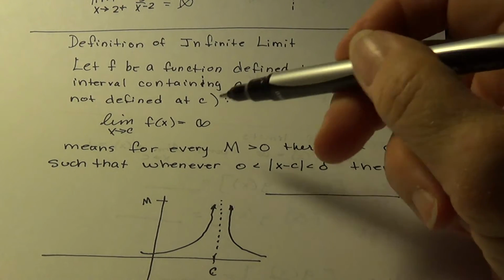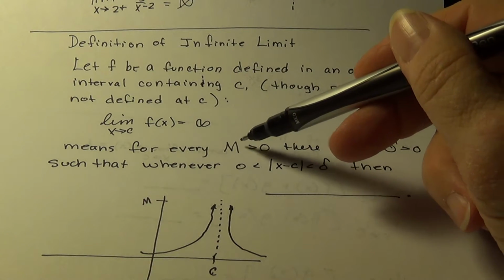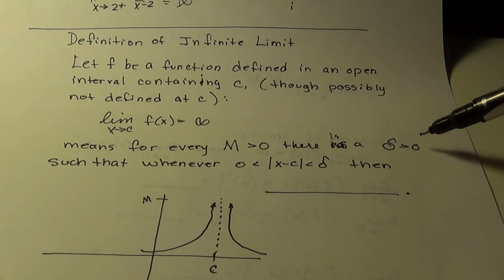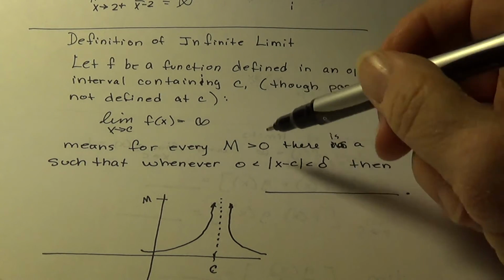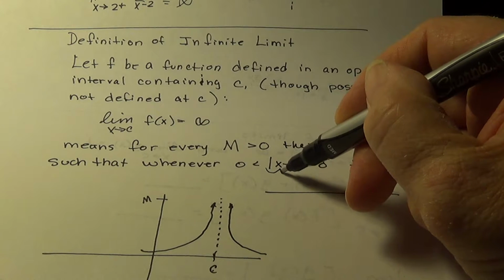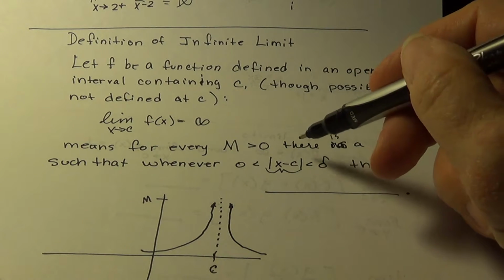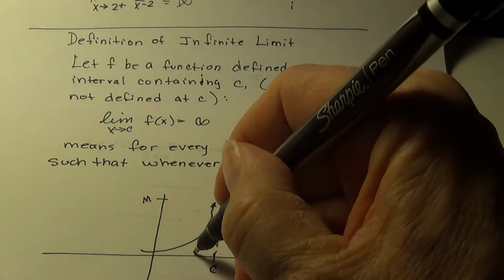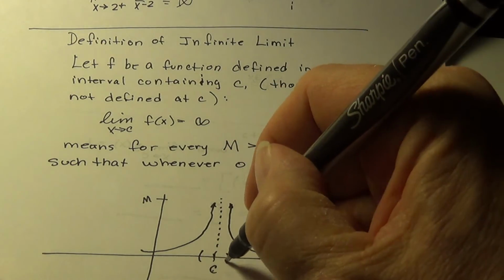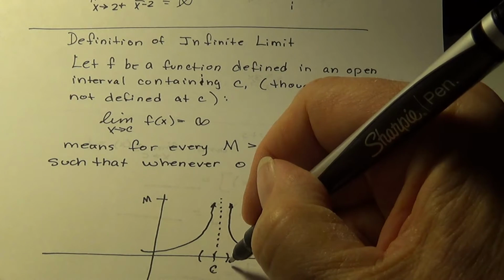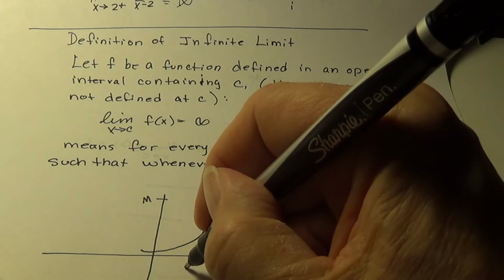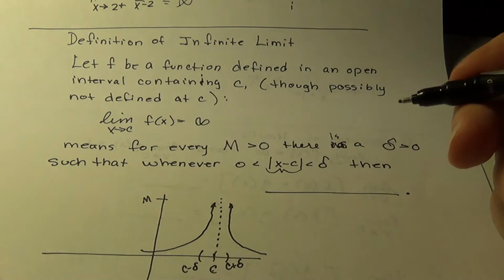No matter how big you pick the m, there is a delta greater than 0 such that, remember what this meant? This meant that my x values were within delta of c. So I'm going to create an interval. I'm going to go c plus delta and c minus delta.